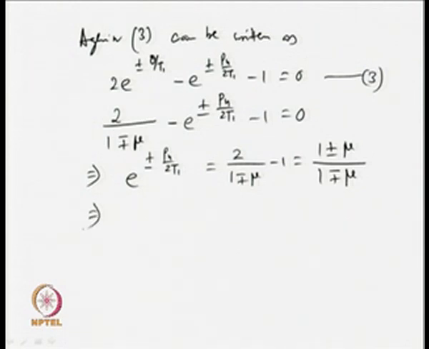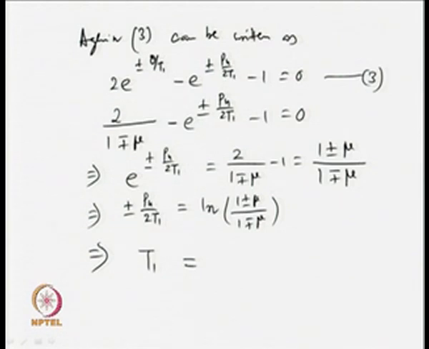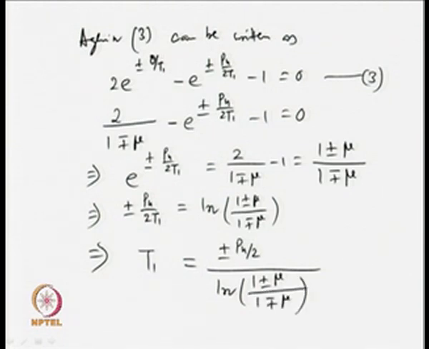Further, taking the natural logarithm of both sides, we can get plus minus pu by 2 T1 is equal to ln of 1 plus minus mu by 1 minus plus mu, giving us T1 is equal to plus minus pu by 2 divided by ln of 1 plus minus mu by 1 minus plus mu.